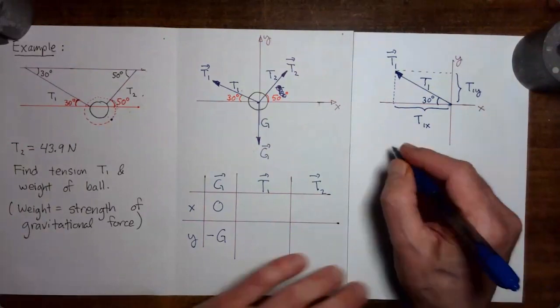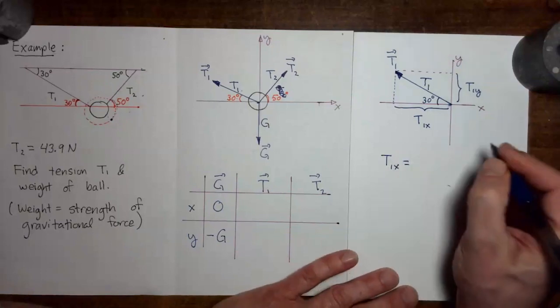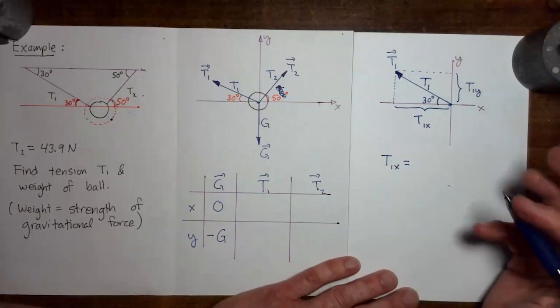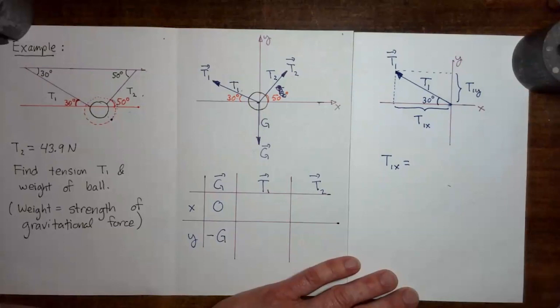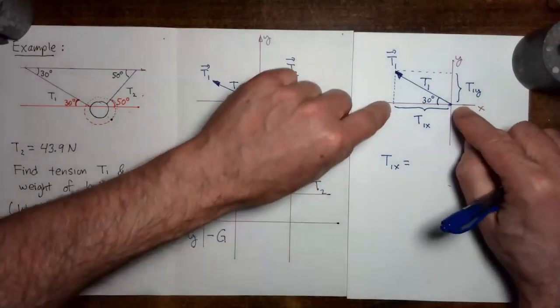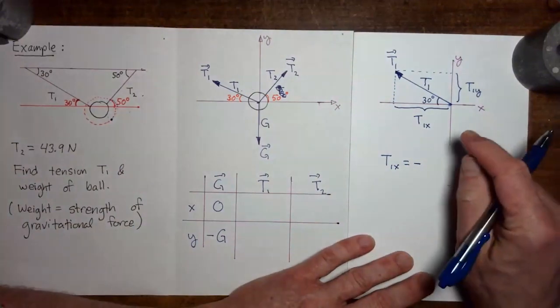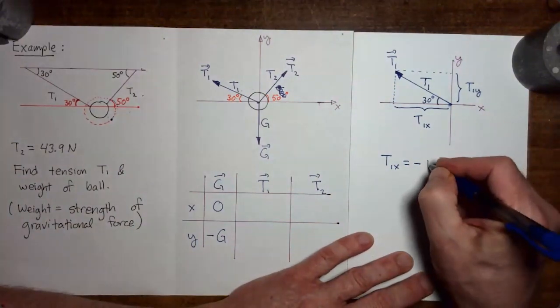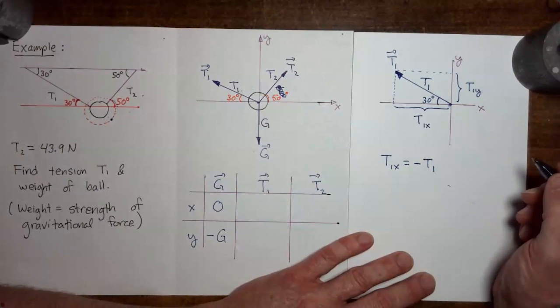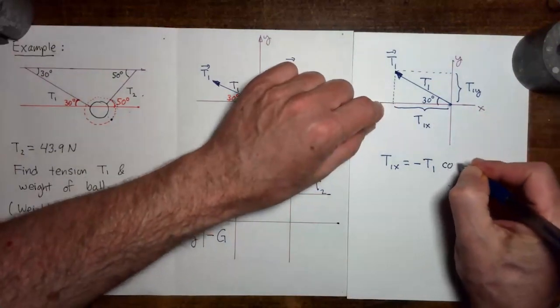So now remember how we find the components of vectors the quick way. For each component, we put down a plus or a minus, then the magnitude of the vector, then either a sine or cosine. So for tension 1 x component, you can see that that's along the minus x direction, thus minus sign. Then we have the magnitude is T1. Then T1x is adjacent to the 30-degree angle, thus cosine 30 degrees.